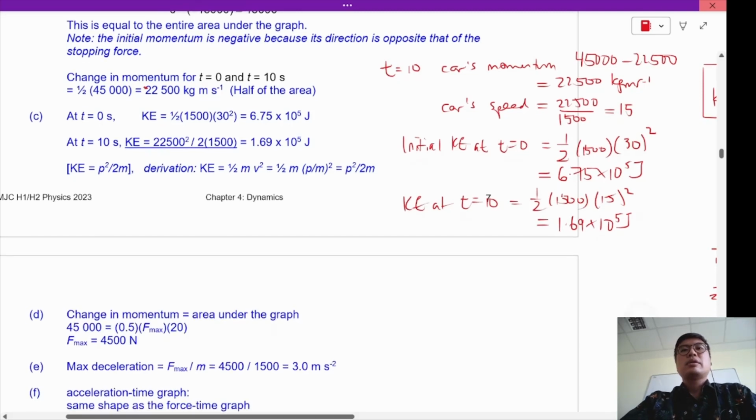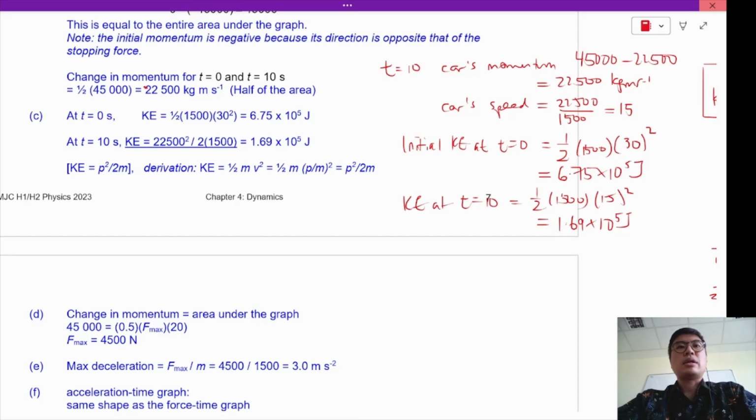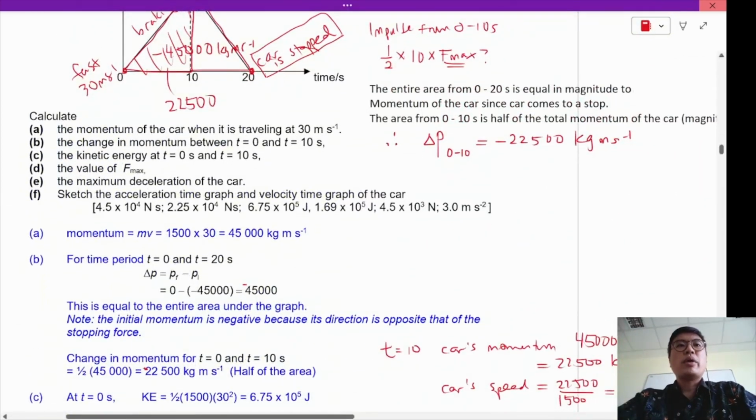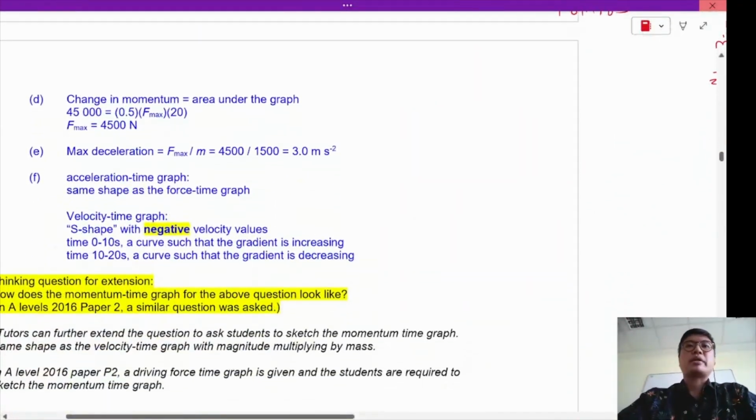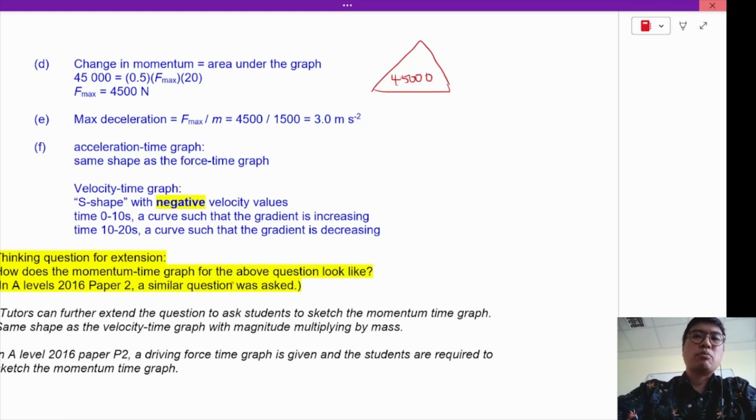So now we know that the kinetic energy has decreased to 1.69 times 10 to the 5 joules. Let's take a look at question D. What is the value of F max? Now, remember we said that the change of momentum is 45,000, and the base is 0 to 20 and F max.